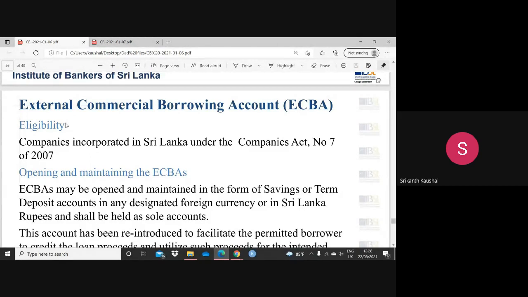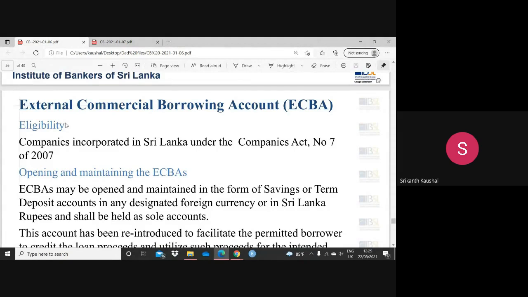So the Central Bank wanted all those companies borrowing from overseas to open a separate account called the external commercial borrowing account. The borrower should be a company. Individuals, partnerships and sole proprietors cannot. Only incorporated companies can borrow from an overseas lender. For that, this account will be opened.